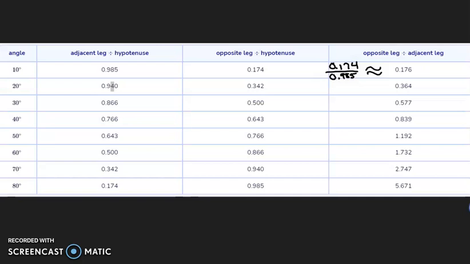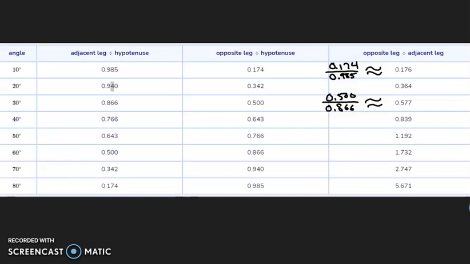So in this case, I got 0.176. If I take the third answer, which is the 0.500, and I divide that by the first answer of 0.866, we end up with approximately 0.5773. So again, we're very, very close.